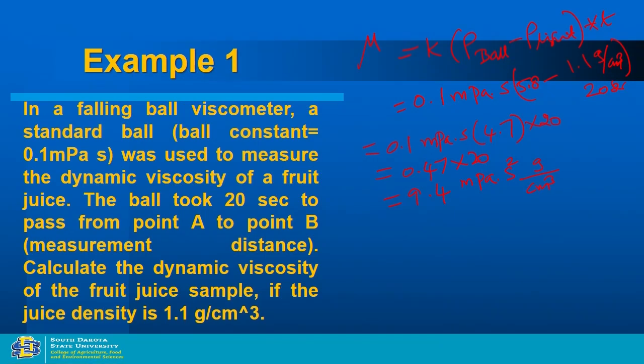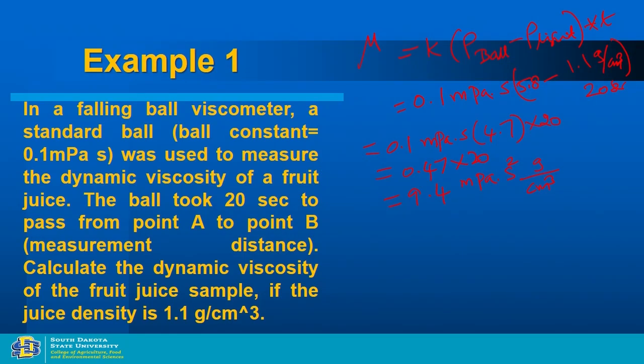That's a very good question. I'm not sure. Well, I know for sure the equation is correct, but I'm not sure that the ball constant has a unit. I will check on it and come back in the afternoon. Because it cannot be constant, right? I mean, ball constant means it should be a number only, not a unit, right?